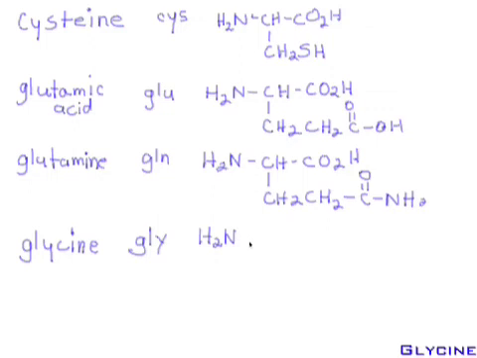It holds the honor of being the only amino acid that lacks what? A chiral center. It has a hydrogen off the carbon. And because there's two hydrogens, the center is no longer chiral, so glycine is not chiral.